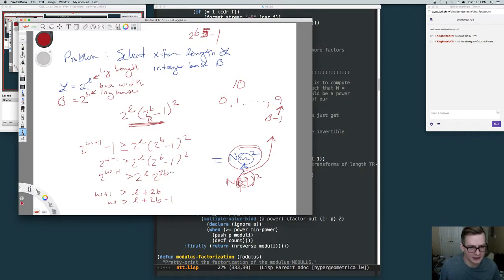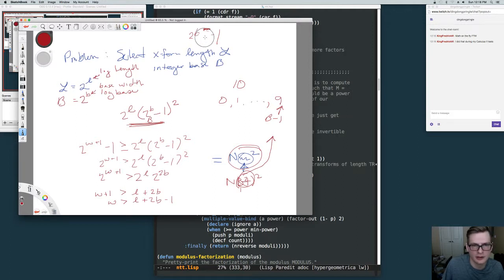So here's one super important constraint, that our word length is bounded below by our log transform length and our base width minus 1. So let's write that up somewhere.